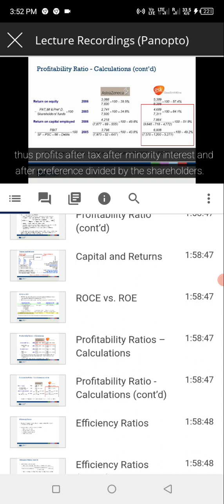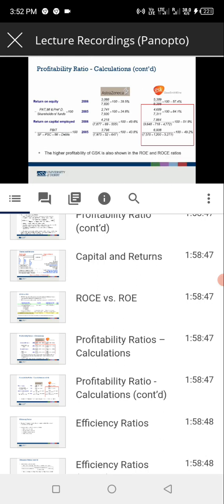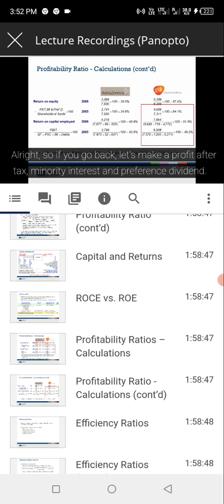I said the shareholders' fund is the same as the shareholders' equity. So let's look at profit after tax, minority interest, and preference dividend. Take note of the figures.